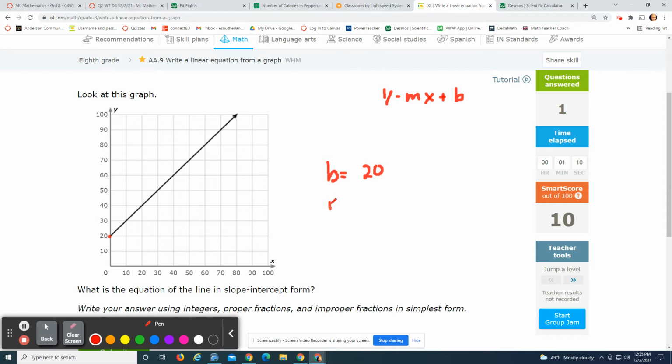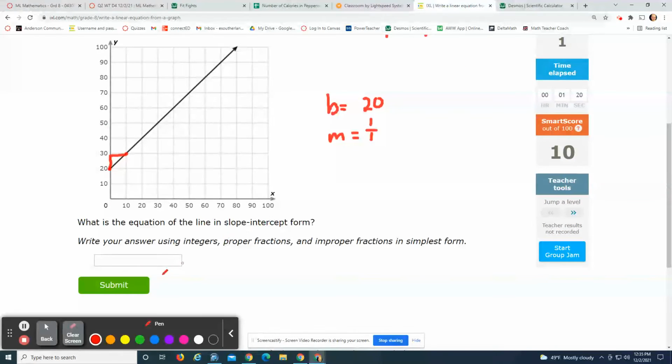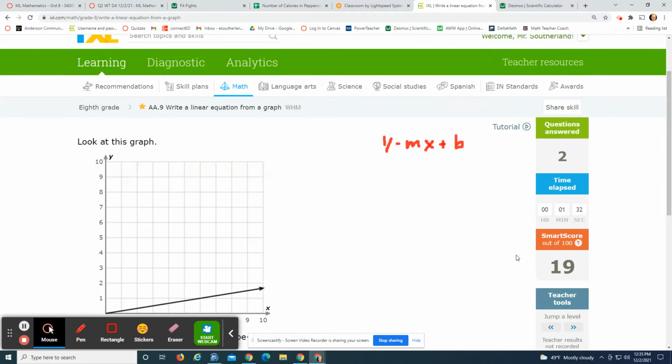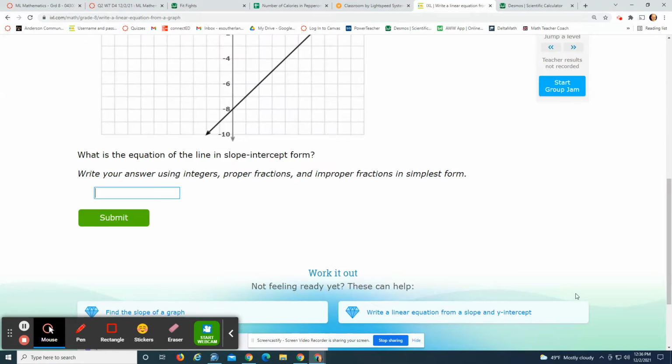The slope for this, again, if we follow it, crosses again there, it rises 1 and runs 1. Left to right, it is going up again, so it's positive. So we would type in y equals 1 over 1x plus 20. And then click submit. We're going to jump ahead and make a few of these a little bit harder.